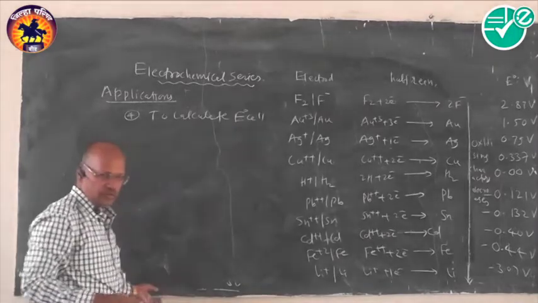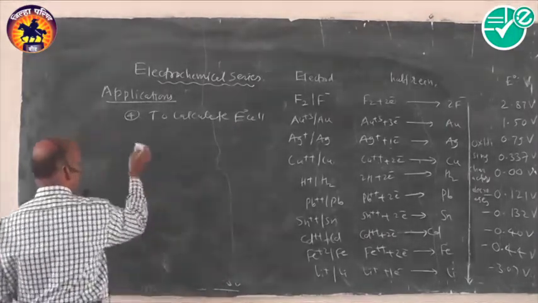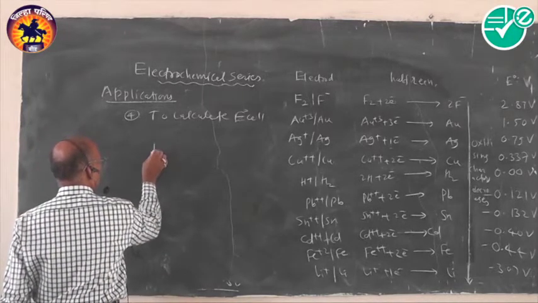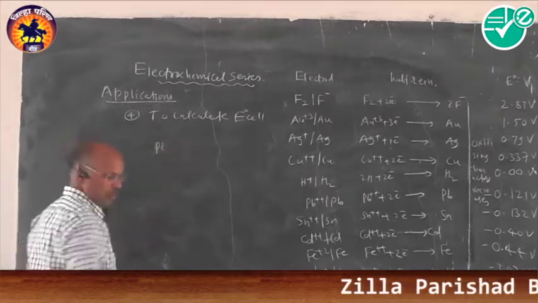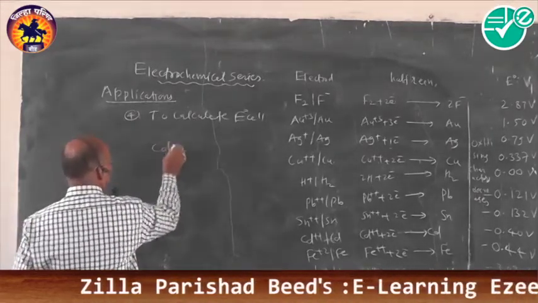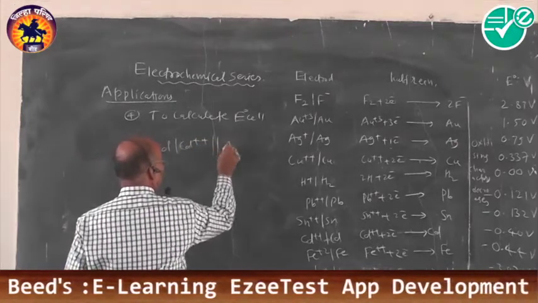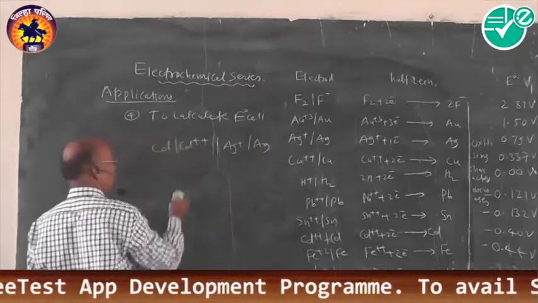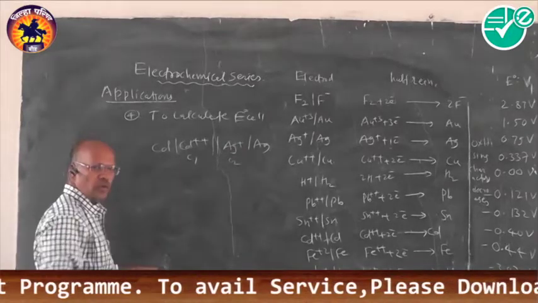Suppose here we will have the cell given just like this: platinum, cadmium +2, silver plus Ag, concentration C1, C2. Okay, it is the cell given now.